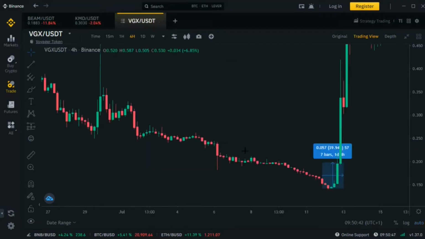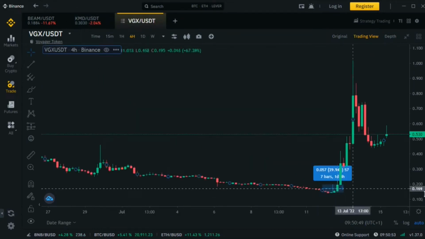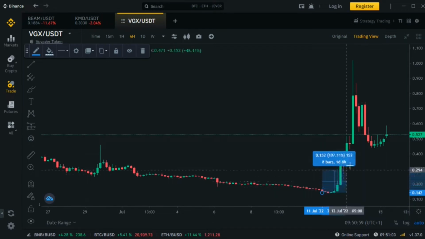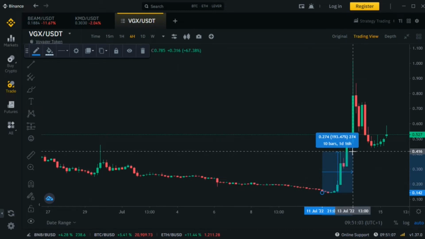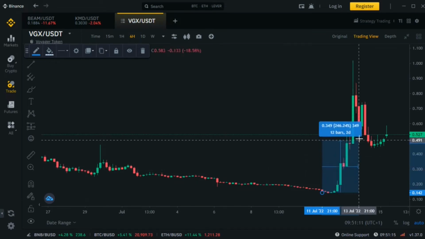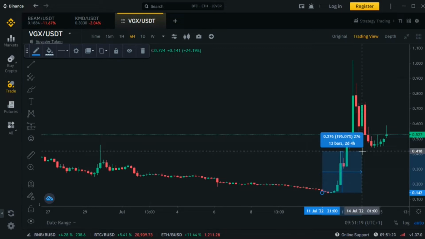For example, the most current bullish trend section of the VGX USDT cryptocurrency pair started from the lowest price of this green candlestick bullish trend starter, which is 0.142 cent, and bounced up by 193% and then dipped back down to 107% and then bounced up again by 260% and then dipped back down to 195%.